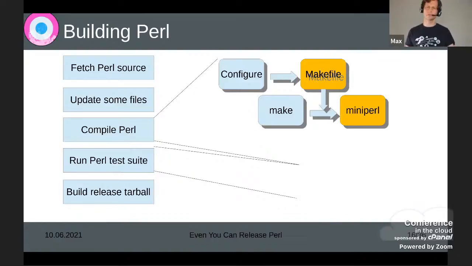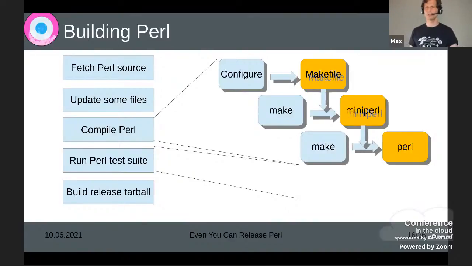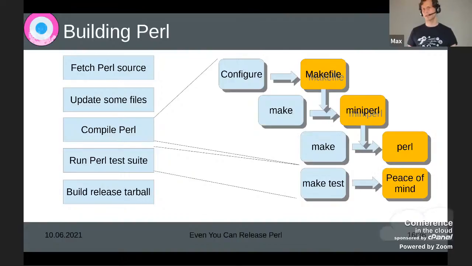So you have regular expressions and text munging, and that is what mini-Perl is mostly used for, because then make again uses mini-Perl and another makefile to build the final Perl for your operating system. After you have built Perl, you then run make test, which uses Perl to run the test suite, and hopefully this gives you peace of mind because the test suite passes on your system.